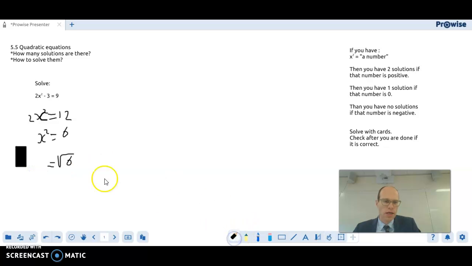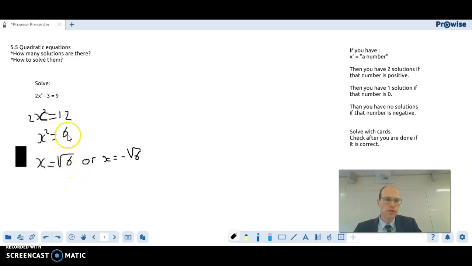And then there is another possibility: x is also minus the square root of 6. Because if we multiply a negative number by a negative number, we get a positive number as well. Okay, we have our two solutions.